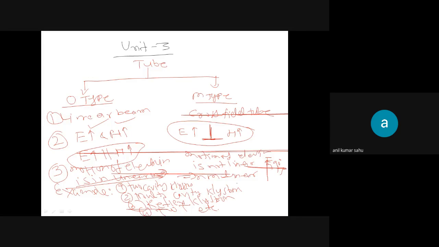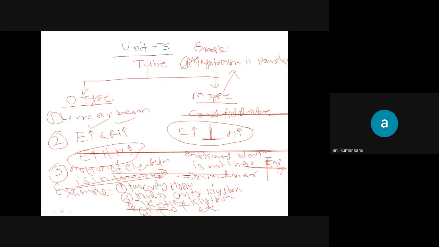Now come to the category of cross field tubes. I don't have space, so I am writing here. What is an example of cross field tubes? The example is the magnetron. Magnetron is an example of cross field tubes.